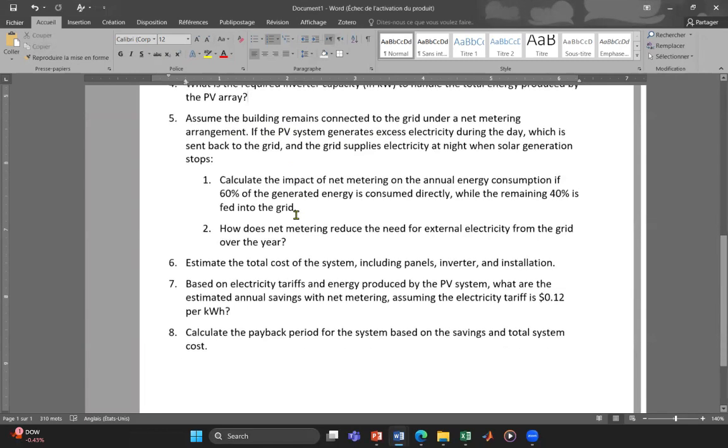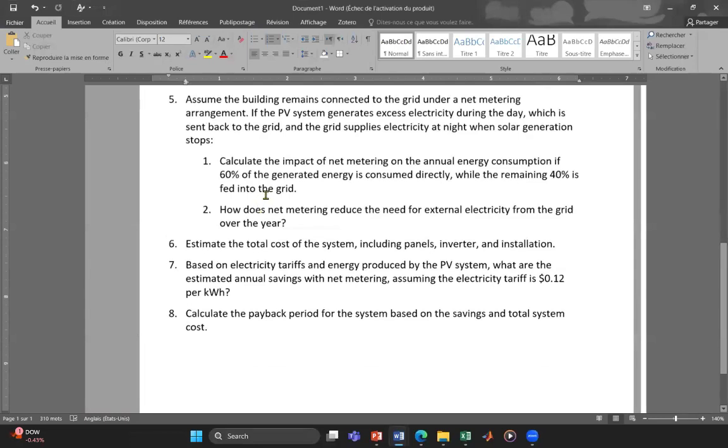The first question: calculate the impact of net metering on the annual energy consumption if 60% of generated energy is consumed directly by the residential load, while the remaining 40% is fed into the grid.